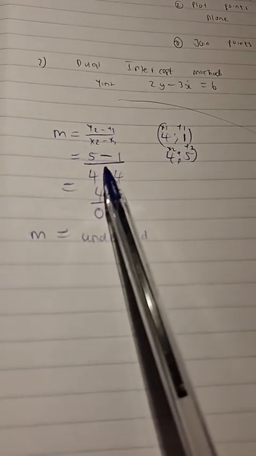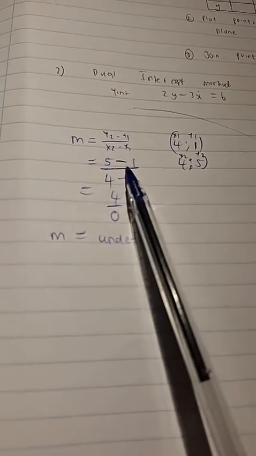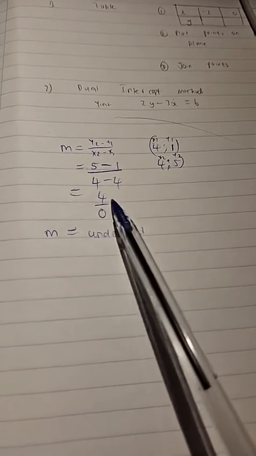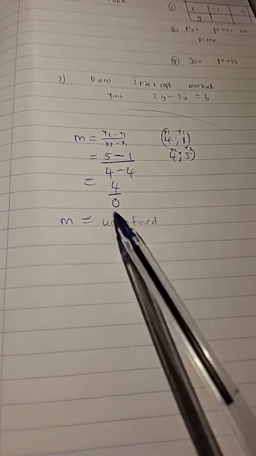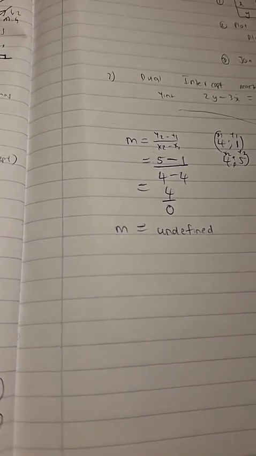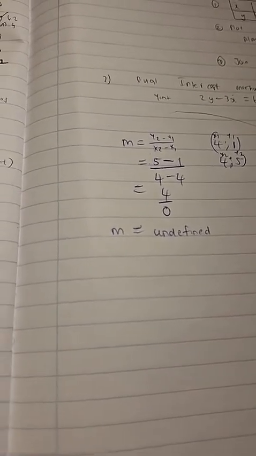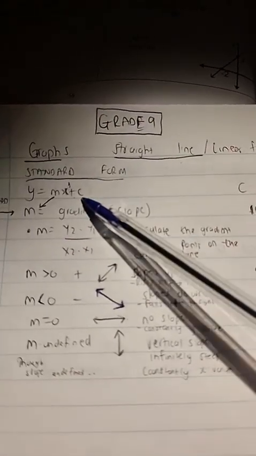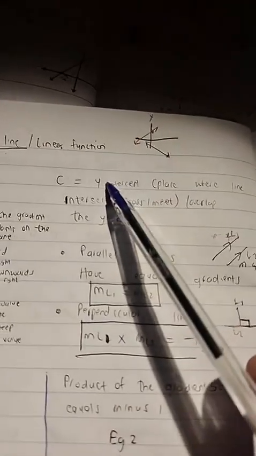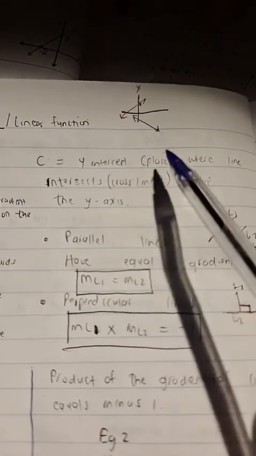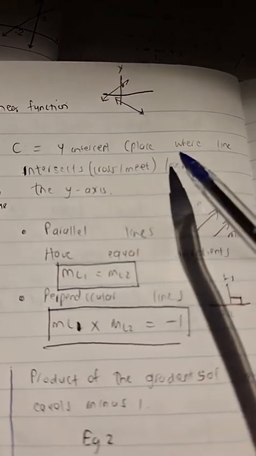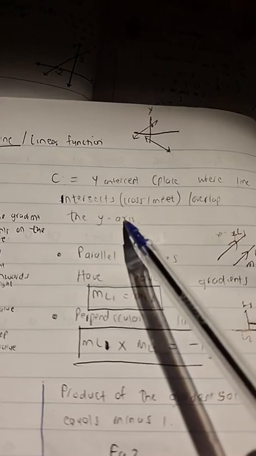So we just calculated the slope or the gradient for 4 and 1, 4 and 5. And what we found is 4 over 0, and we know that when a number is divided by 0, it is undefined, which means the gradient is undefined. Okay. Then we spoke about c here, that our c value speaks about the y-intercept, the place where the line graph will cross, meet, or overlap the y-axis.